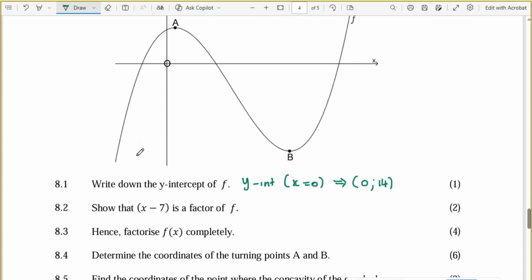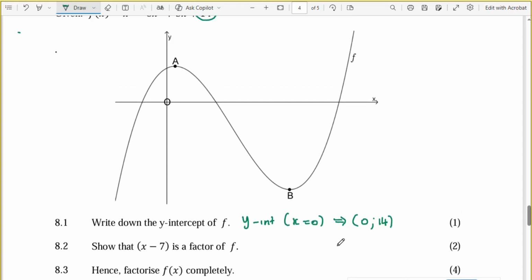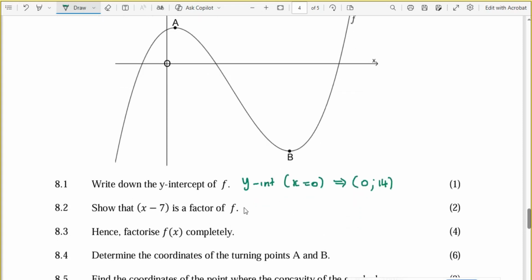And then the next one, they say show that x minus 7 is a factor of f. Let me explain this like this.